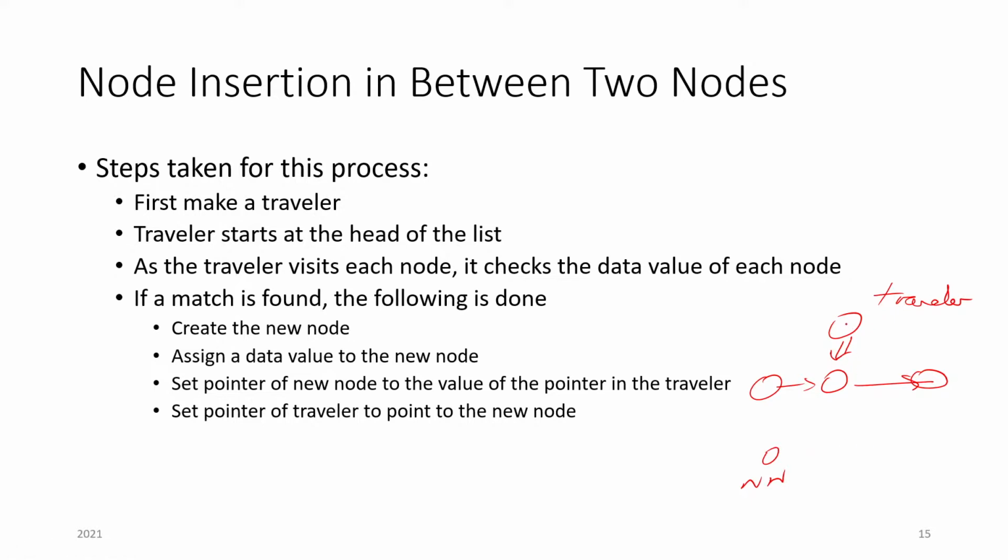Because the traveler here, I'm just putting an X here, is at this point, the traveler needs to make sure that this new node grabs this pointer that exists from this particular node.